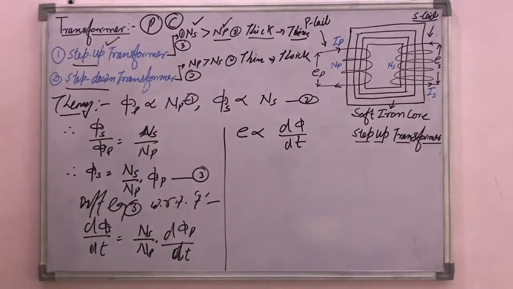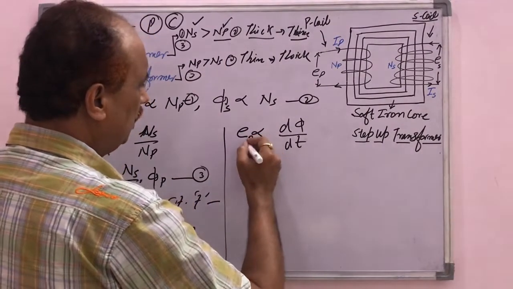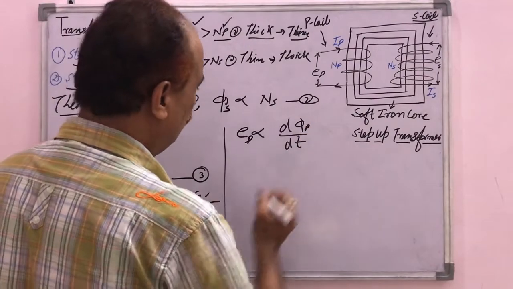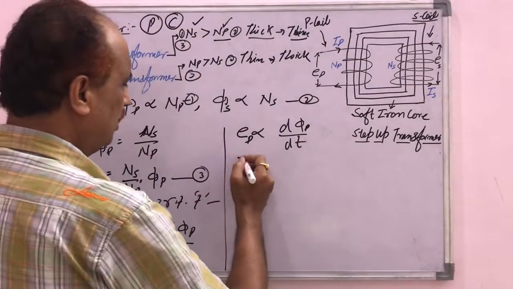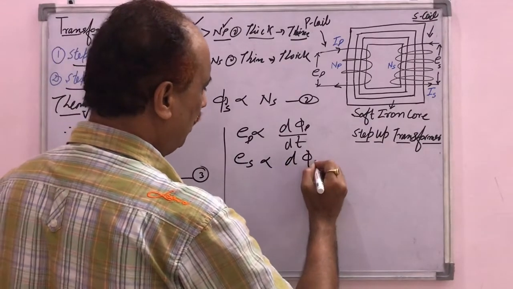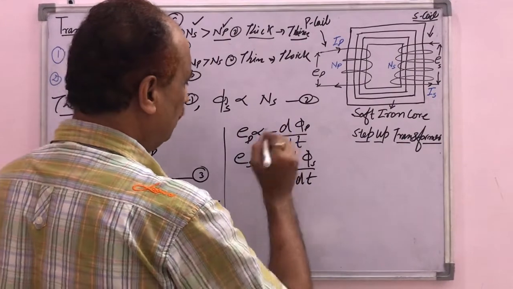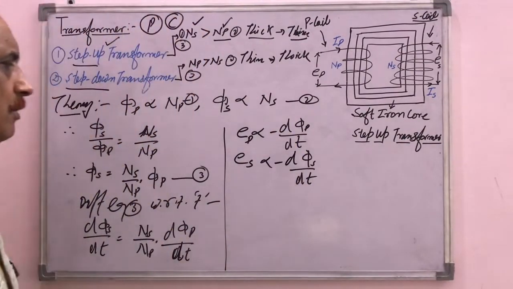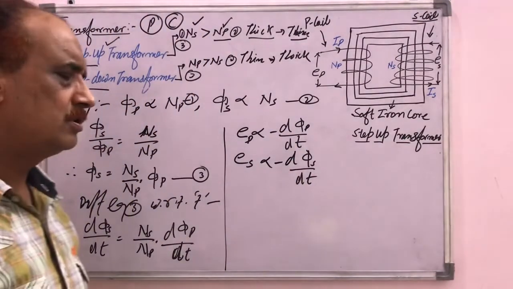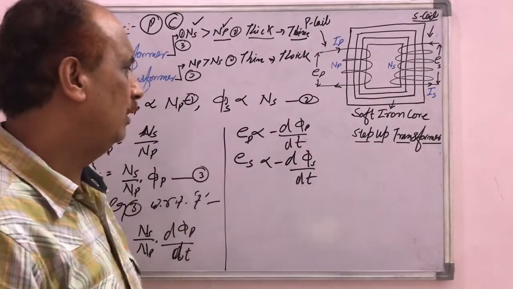So if you write the equation for the primary coil, it will be Ep equal to dφp over dt, and for the secondary coil, Es proportional to dφs over dt, and we have to put here a negative sign because the EMF is always produced opposite to the magnetic flux in that coil.